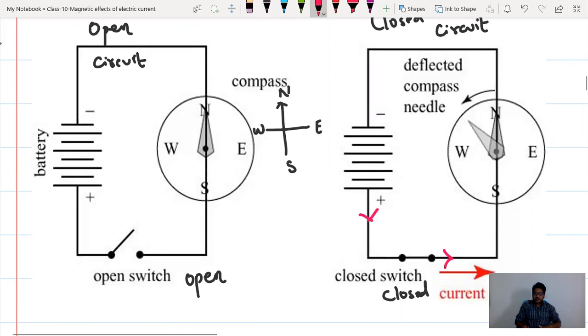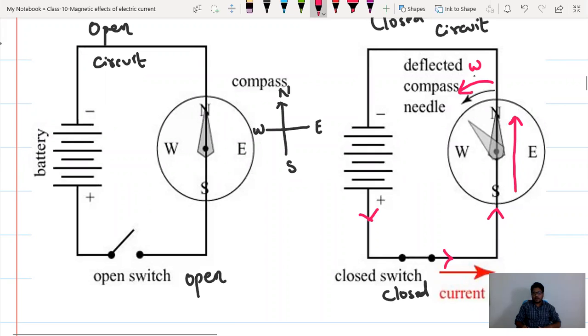If current is entering through south, means current is flowing from south to north, isn't it? South to north, there will be deflection towards west.